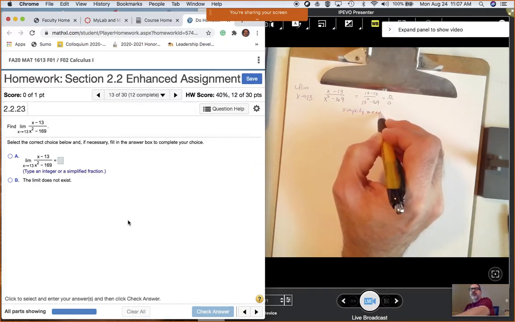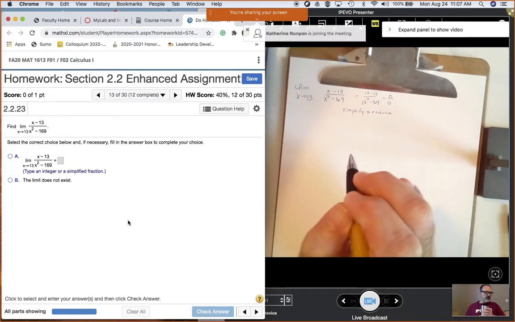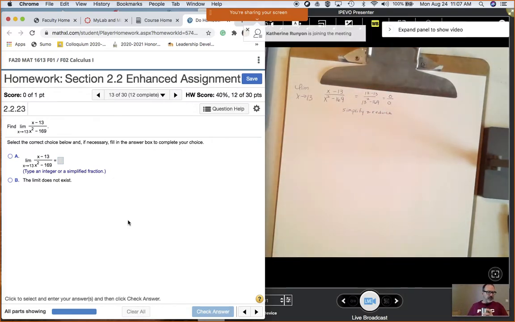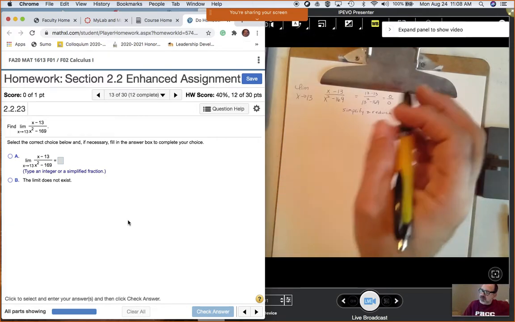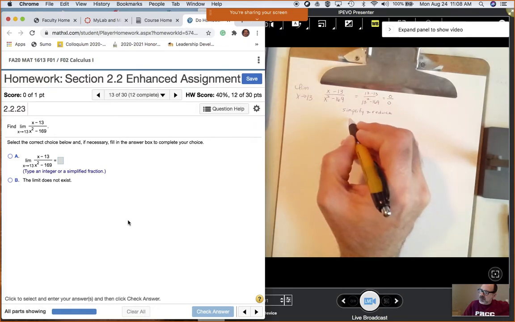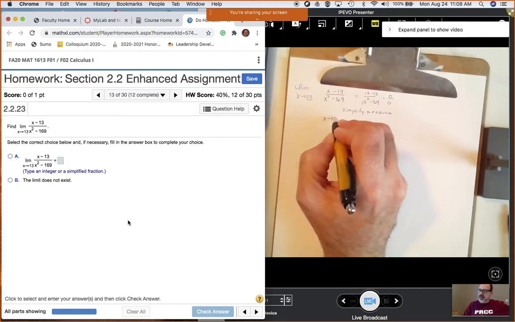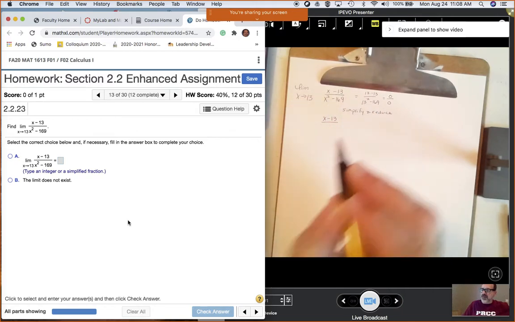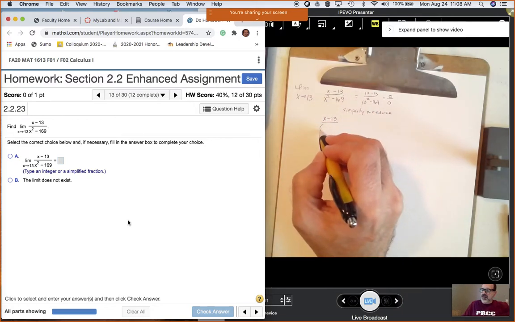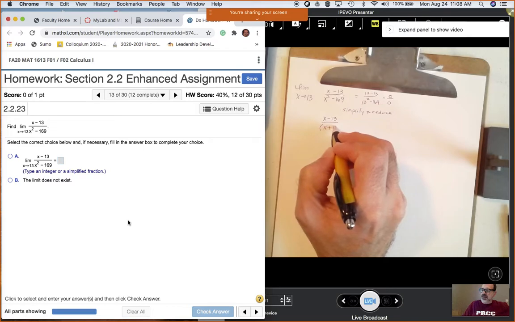Okay, so in this case, I don't have any square roots or anything. So conjugates don't make any sense. So what can we do with x minus 13? Not much. But x squared minus 169 is a difference of perfect squares. So I can factor that into x plus 13, x minus 13.